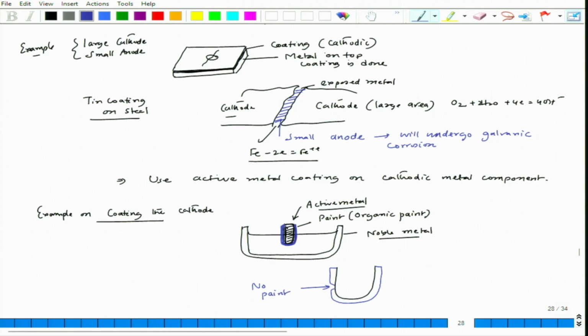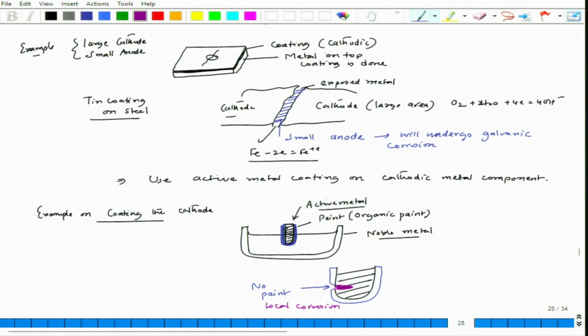And now we will experience severe galvanic corrosion in this zone. So, this is my metal component, the active metal component. Here we will have good degree of corrosion locally, and this will happen locally. So, the local degradation. Okay.